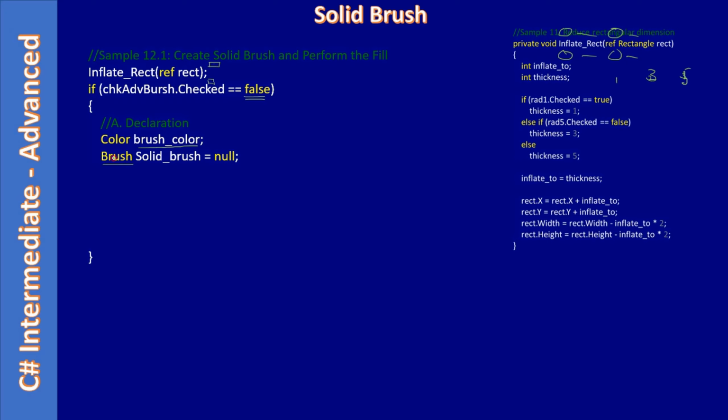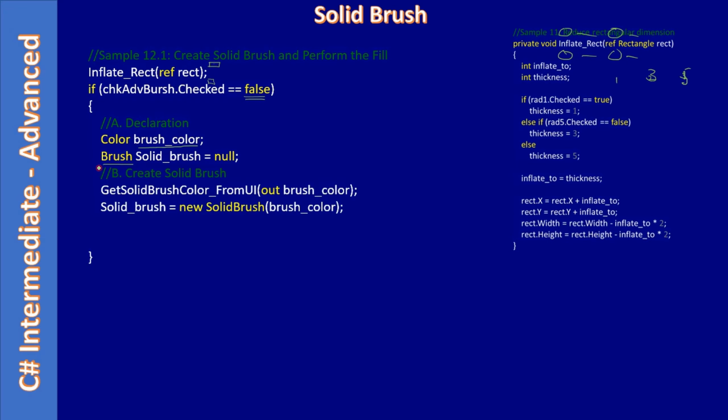We previously used pen, here we are using the brush. Next, we are getting the color from get solid brush color from UI. This is our utility function. We are passing the out parameter. Here it is null, and after the call this will get filled by the utility function.